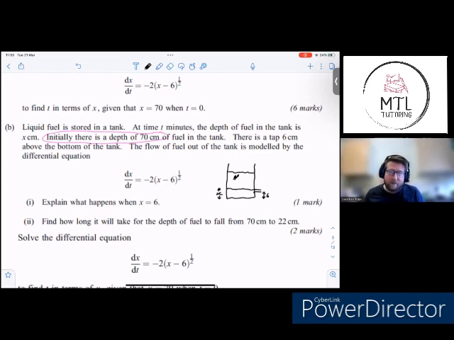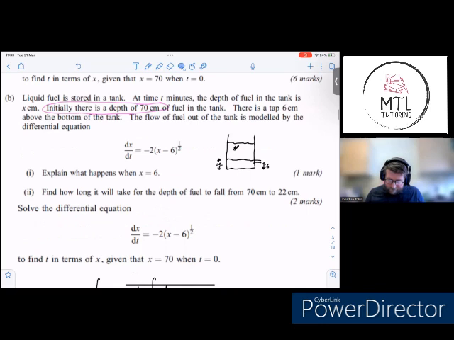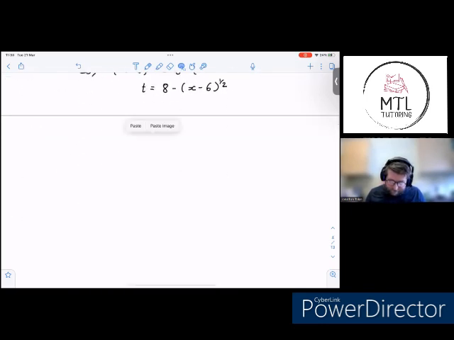So part 2, find how long it will take for the depth of fuel to fall from 70 to 22. How long it will take for the depth. Have we got? Yes, we have got some of that information already. Okay, so let's grab this question and paste it here.